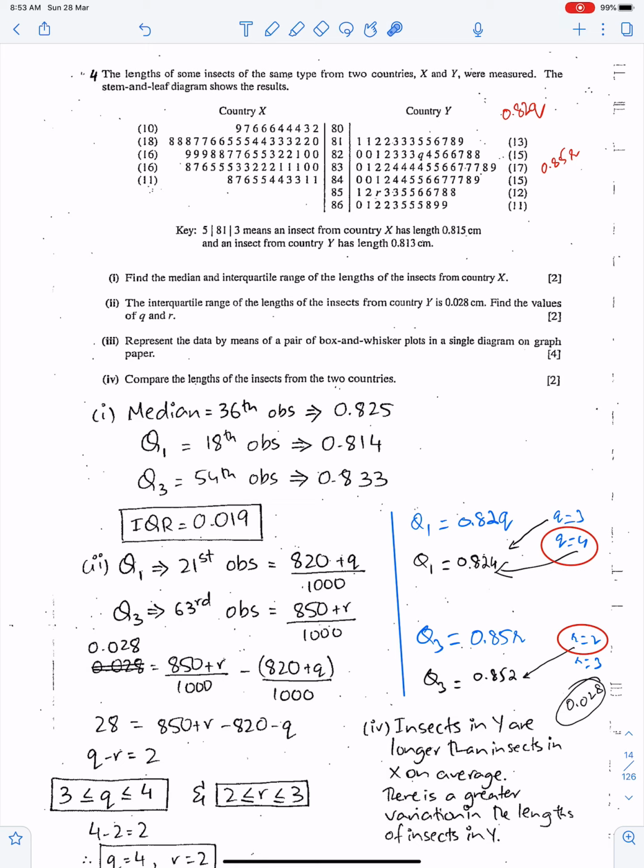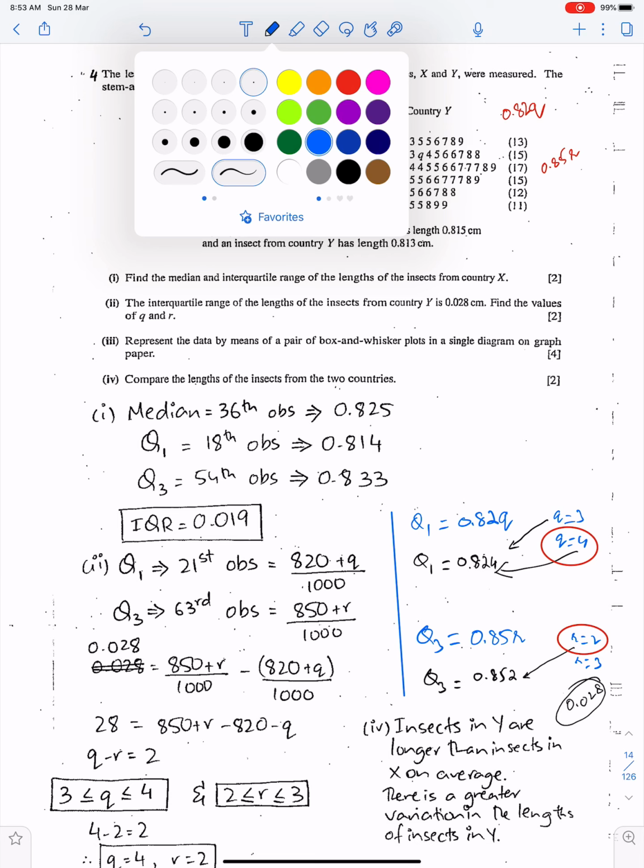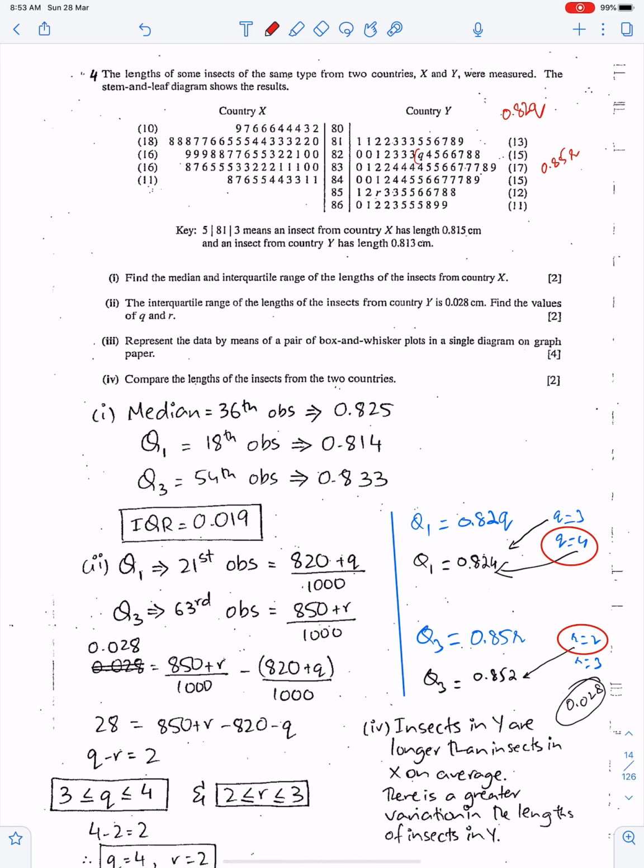Number one, we have to check what is Q1 and what is Q3. So you know Q1 is the 21st observation, and this is the 21st observation. So this observation is Q1. It is 0.82Q.